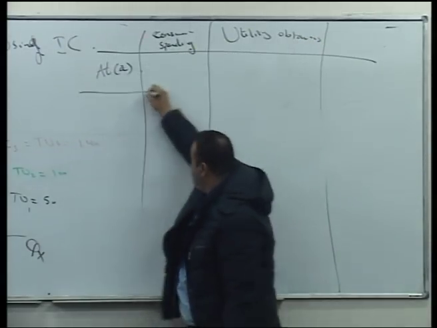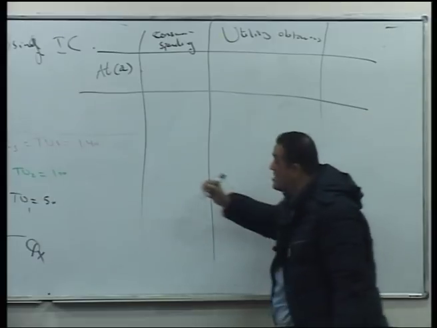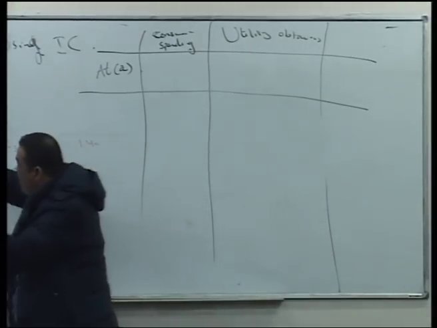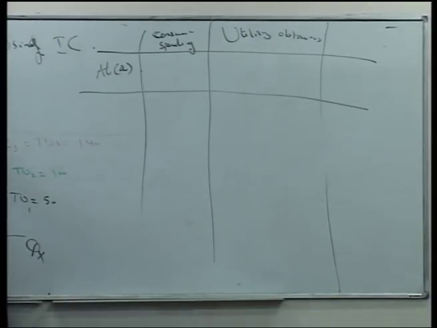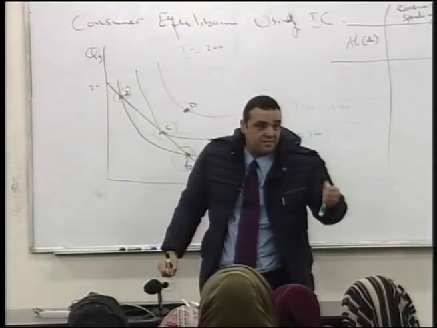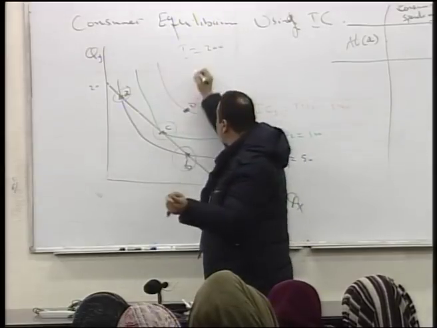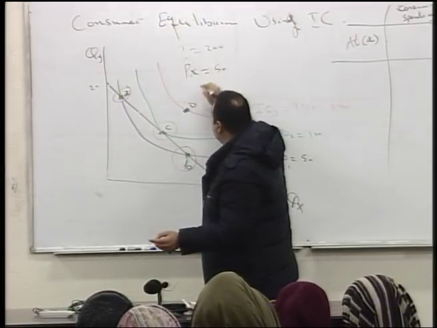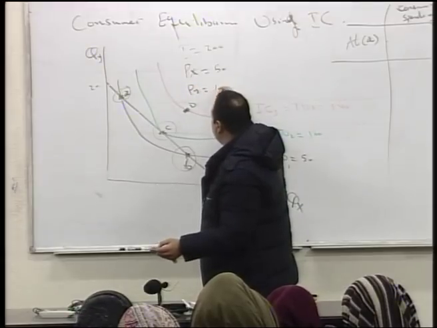At point A, how much is the consumer spending? $200. بافتراض انه عندنا الكونسيومر انكم equals 200 بما انه هو بيصرف هالقد. تمام؟ والبرايس اوف اكس how much was it؟ قديش كانت البرايس اوف اكس؟ كان 50 في الاكزامبل. والبرايس اوف واي 10. Okay.